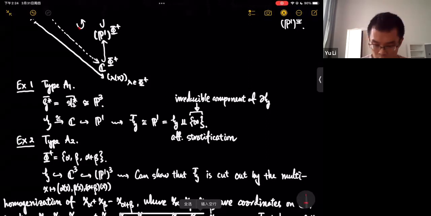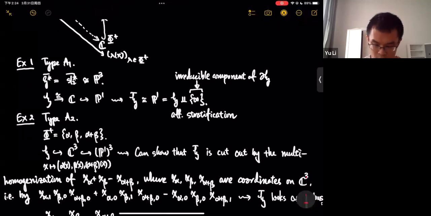Now I write P1 as H disjoint union infinity, to remind ourselves that this H is the H that we started with, and this infinity is what we added when we compactify. This is also the affine stratification of the variety H bar. In this case, H bar is still smooth, but I suppose that's the only case where it is smooth.